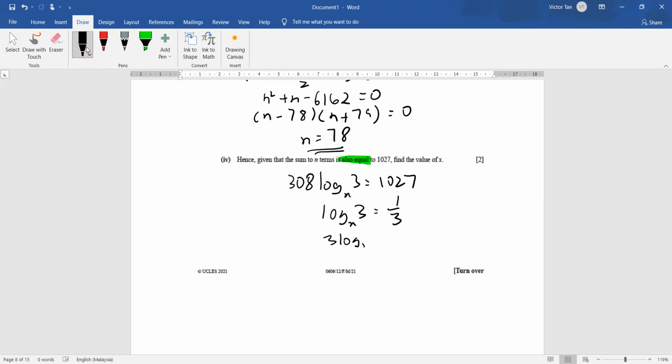Log x3 equals 1. So x equals 3 cubed, which equals 27. Okay, that's it.